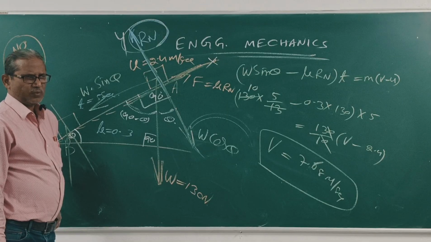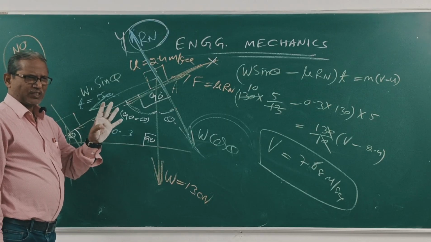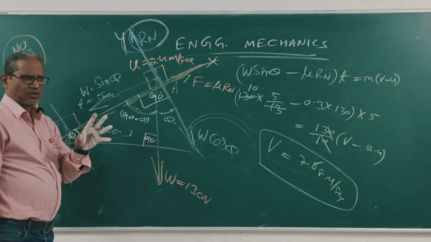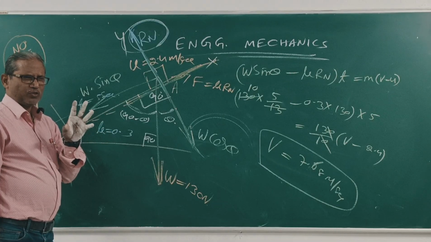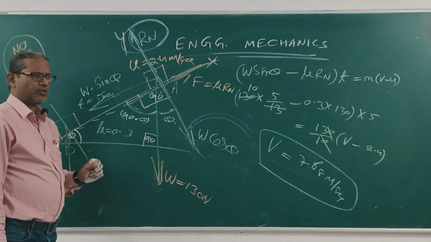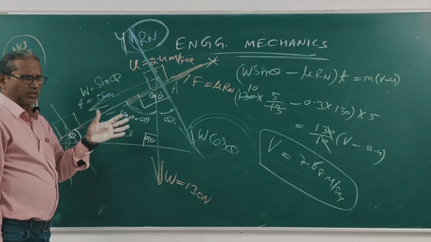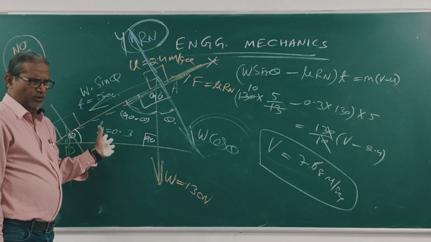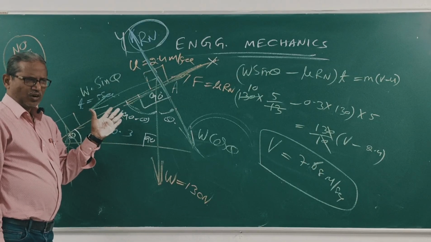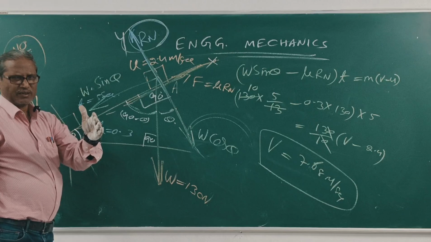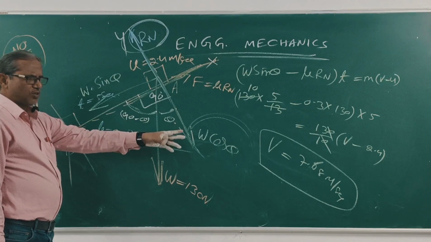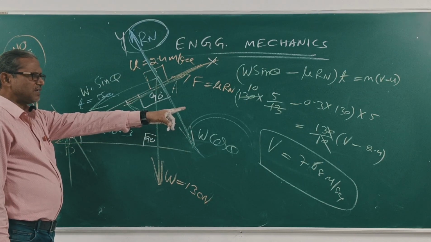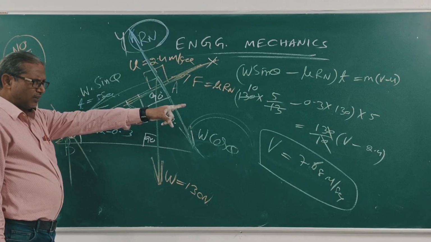So if distance is given, we will apply the work energy principle: R into S is equal to half into m into v square minus u square. This is the work energy principle. In D'Alembert's principle, acceleration is acting along the motion of the body, and opposite to acceleration, m into a is acting. Clear? This impulse momentum equation finds the answer using time t.